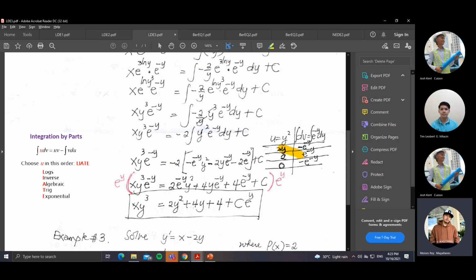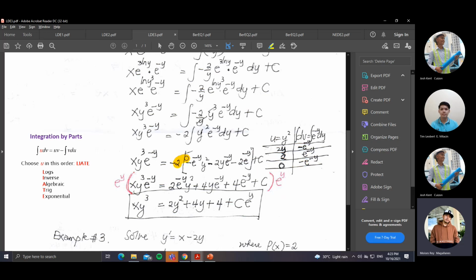If you wonder why these have no negative sign but this one does, it is because, as I mentioned earlier, the signs alternate between positive and negative. So it becomes negative 2y e raised to the power of negative y. And lastly, we multiply to get negative 2 times e raised to the power of negative y.